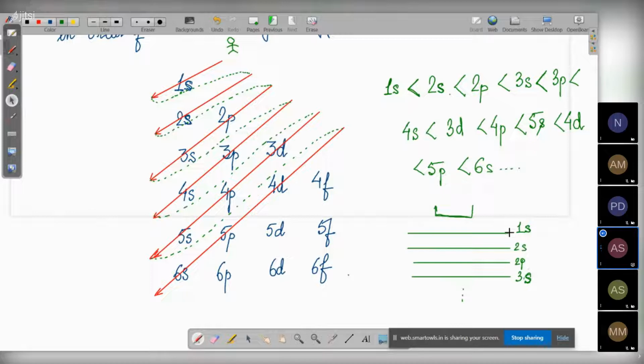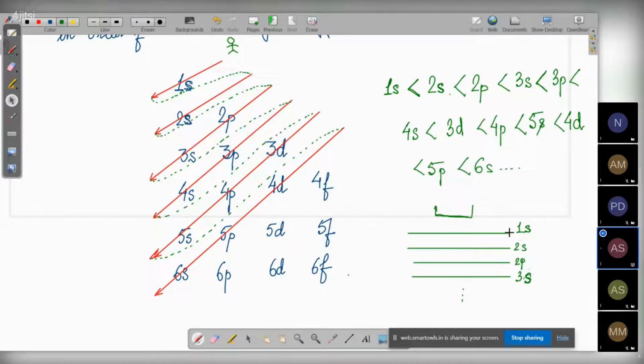Everyone will try to sit in the best possible place, as far front as possible. So once the first row in the auditorium is filled, then only will the second row, that is the 2s, be filled. Once 2s is filled, then only will the person move to the third row, which is the 2p. So this is how the electrons are filled in the orbitals according to the Aufbau principle.